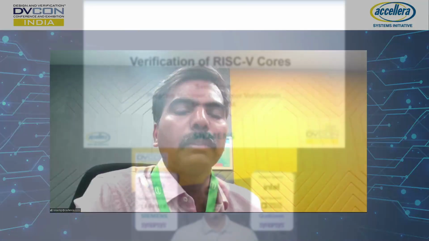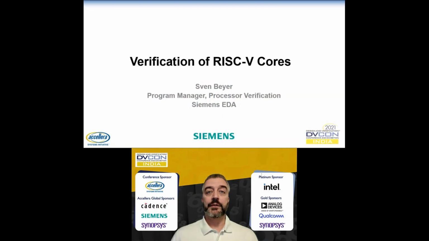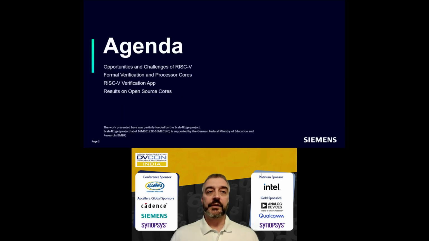Let's play the video. I'm Sven Beyer from OneSpin Solutions, and I'd like to welcome you to this workshop on the verification of RISC-V cores. Let's look at what we are going to do in this session. First of all, we'll look a little bit at the RISC-V side of things, of course, the opportunities and the challenges that come with it.